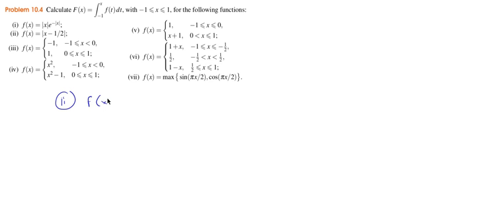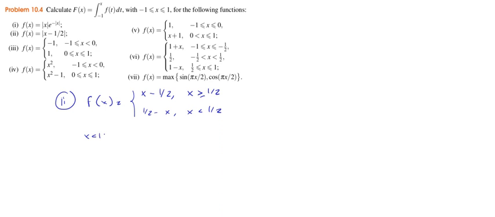So all of these are going to be the same, right? Now this is going to be x minus 1/2 when x is greater than 1/2, and this is going to be 1/2 minus x when x is smaller than 1/2, right? So now let's take the two intervals, right?